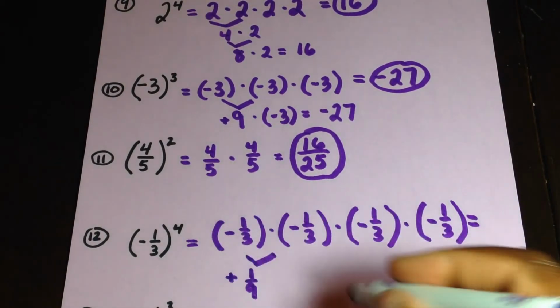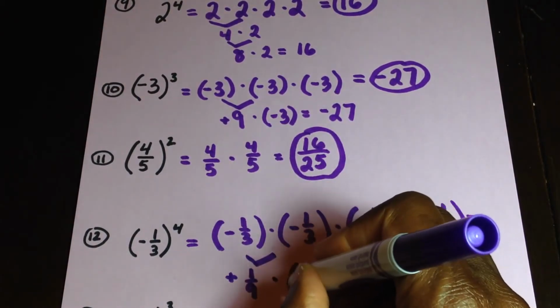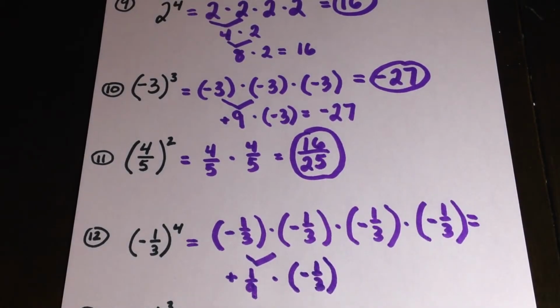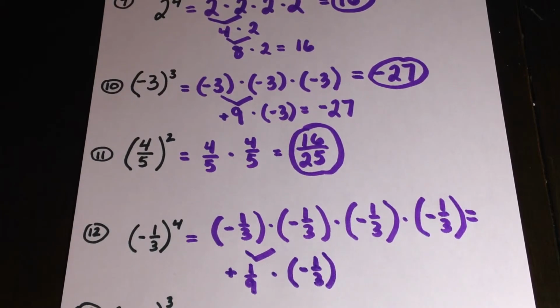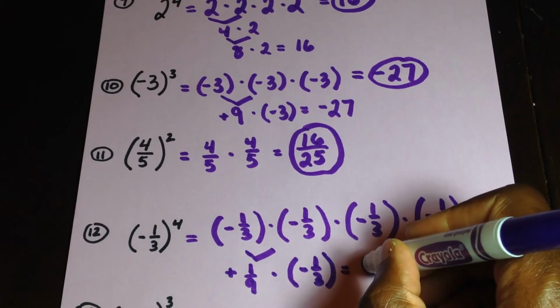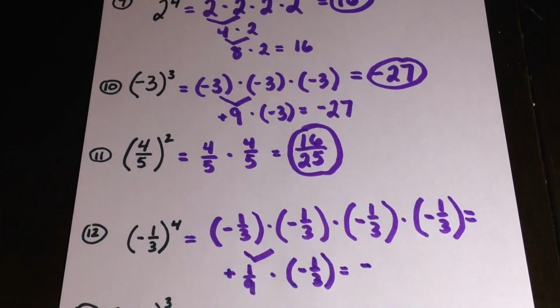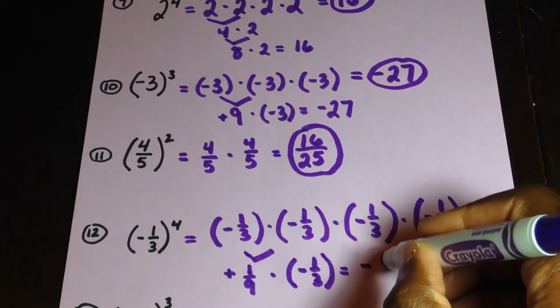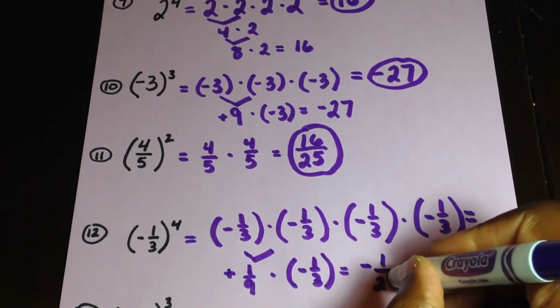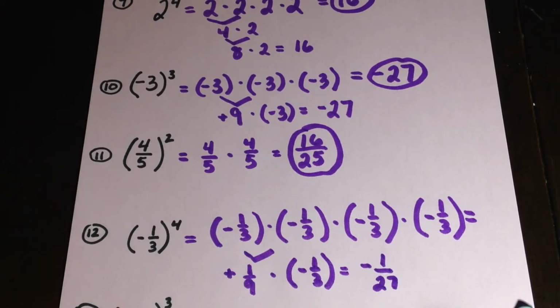Now take that positive 1/9 and multiply it to the next negative 1/3. That now is a positive times a negative, which is a negative. And then we have 1 times 1, which is still 1, and 9 times 3 is 27. So the 1/9 multiplied to negative 1/3 is negative 1/27.